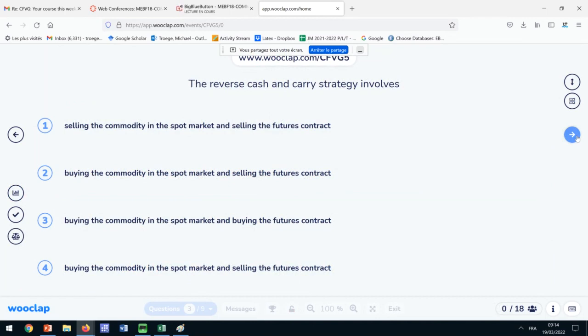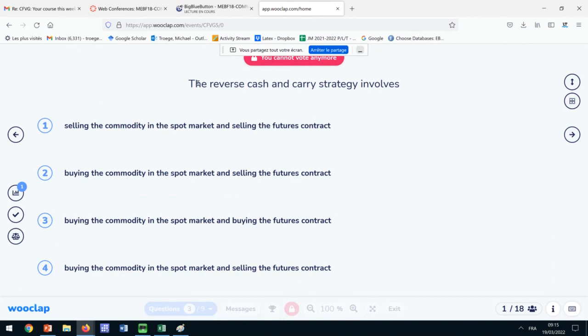We have the same problem here. The reverse cash and carry is actually not in here, because it's twice the cash and carry strategy. I'm sorry about that. There is no reverse cash and carry strategy here. I'm going to block you right away, otherwise you're going to make a mistake.